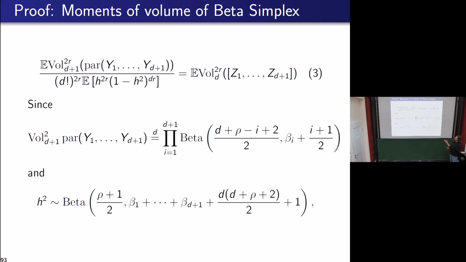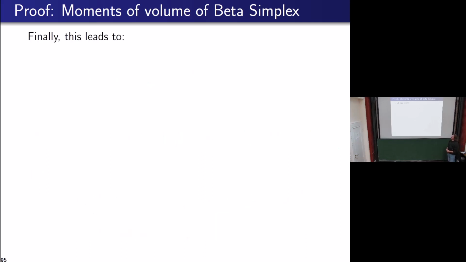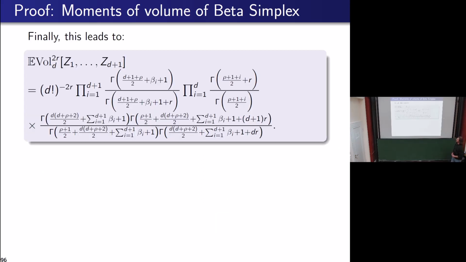And h squared is this beta distribution. And of course, all moments of this distribution are already available. So we can just plug it in. And finally, this then leads to this formula.